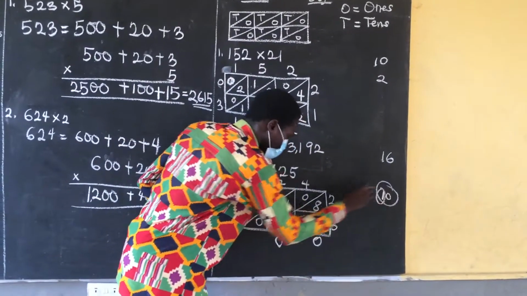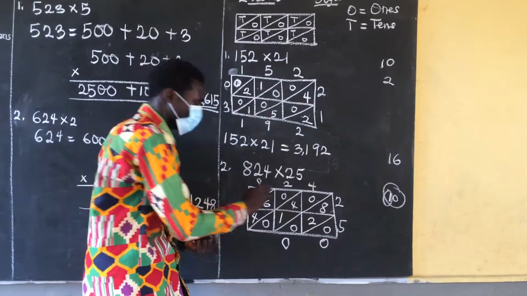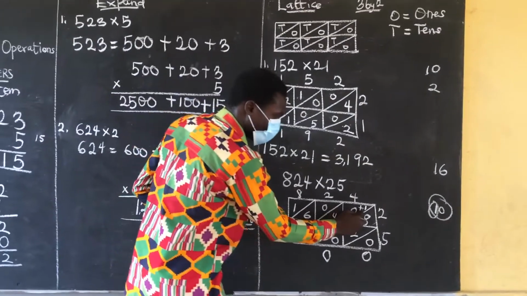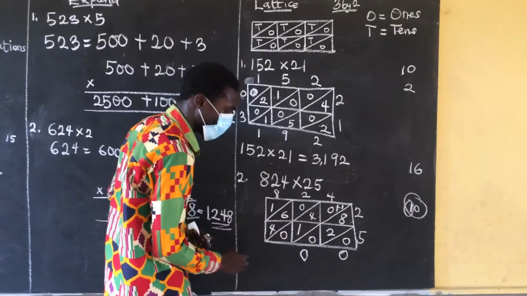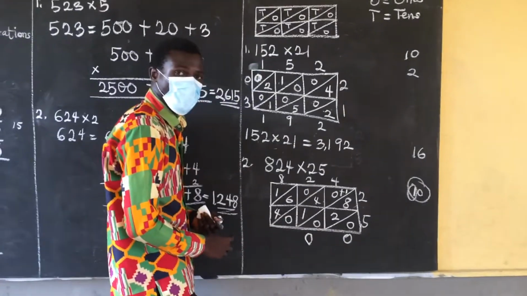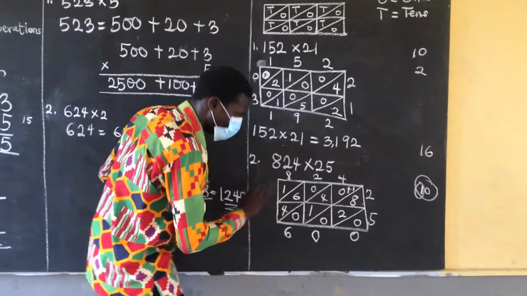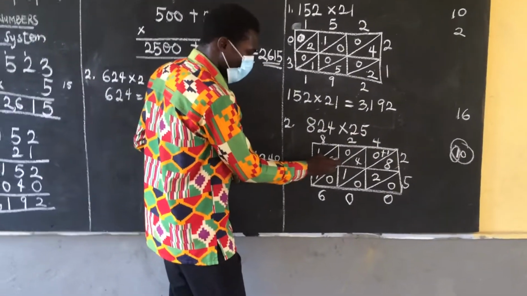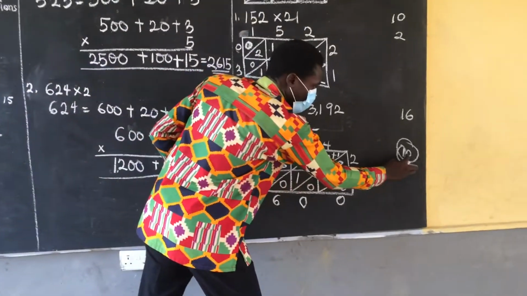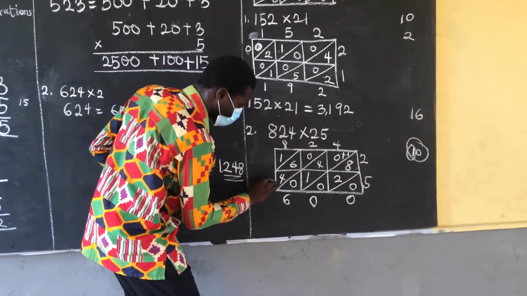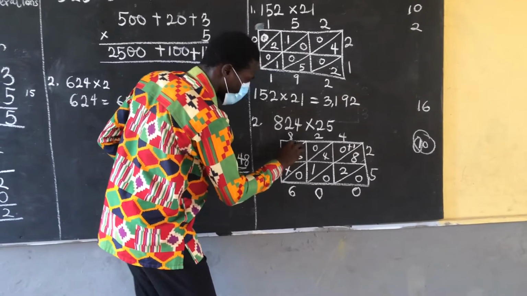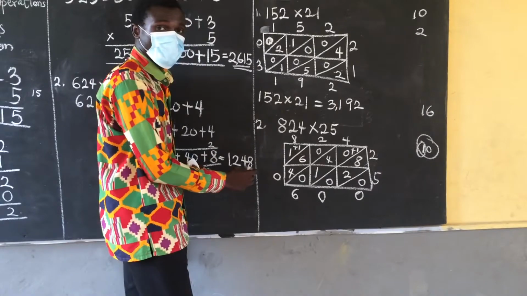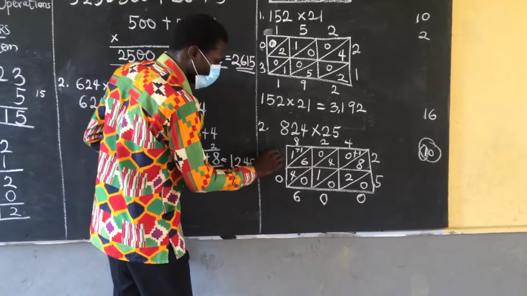And this 1 becomes a remainder to the next diagonal. So plus 1. So this becomes 1 plus 4 is 5. 5 plus 1 is 6. I'm going to record it here. Then when I come to the next diagonal, I have 6 plus 4 is also 10. I'll record the ones column and the 10 becomes a remainder. Now I have 1 plus 1 will give me 2.